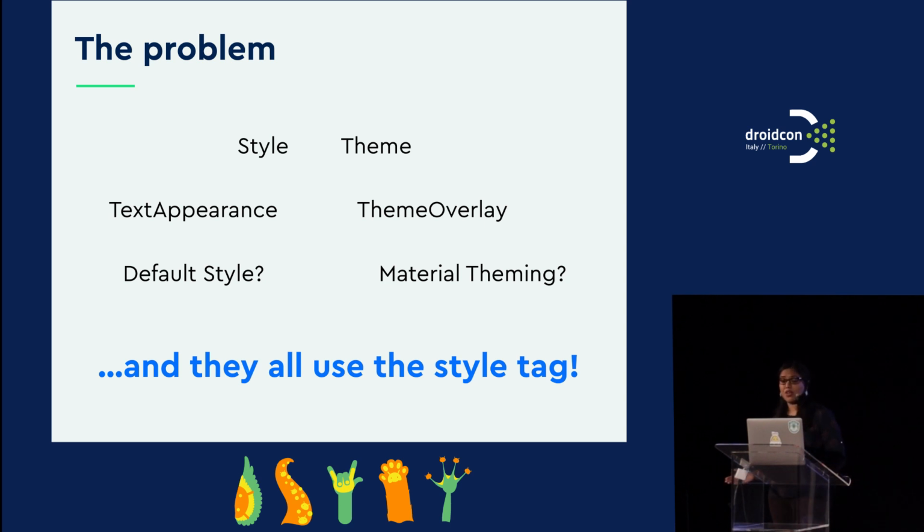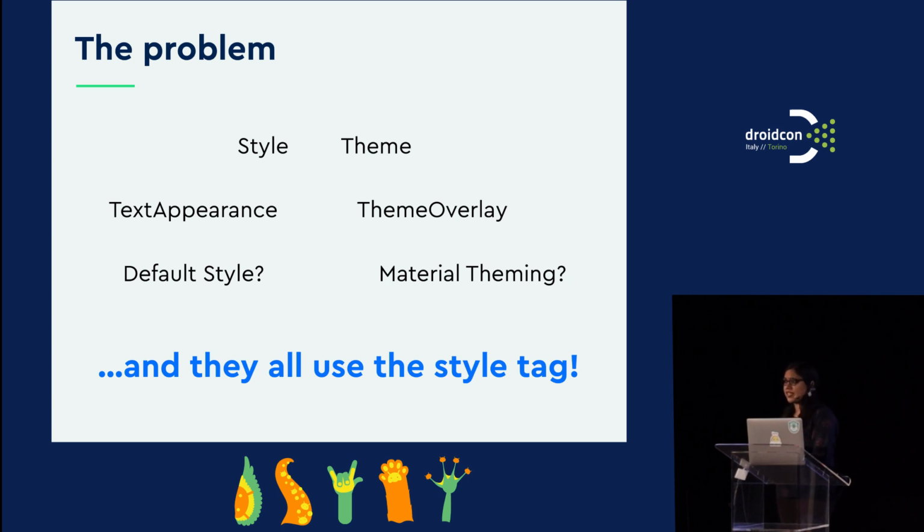So you have something called a theme and a style, but a theme is a style. And that's confusing. And the truth is, yes, they are all styles. However, they differ in what they're applied to, how they're applied, and the attributes that they support.